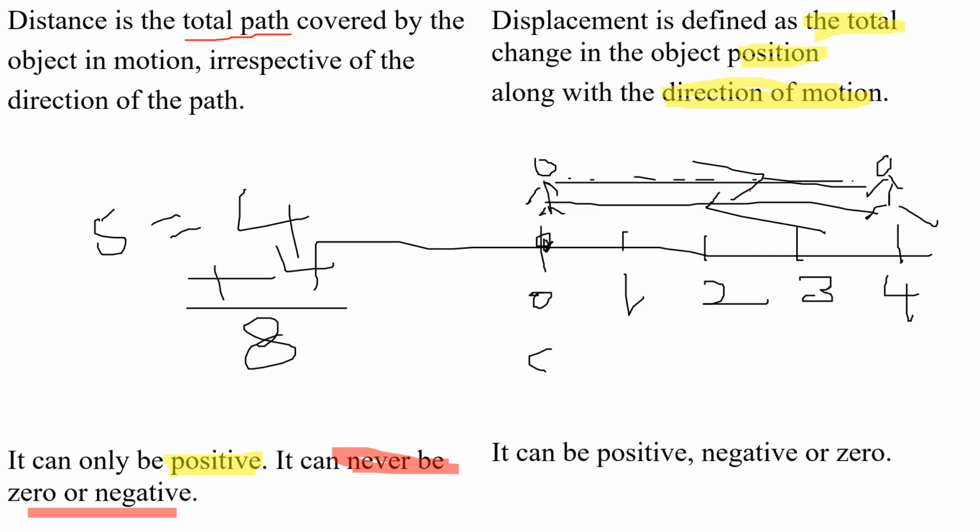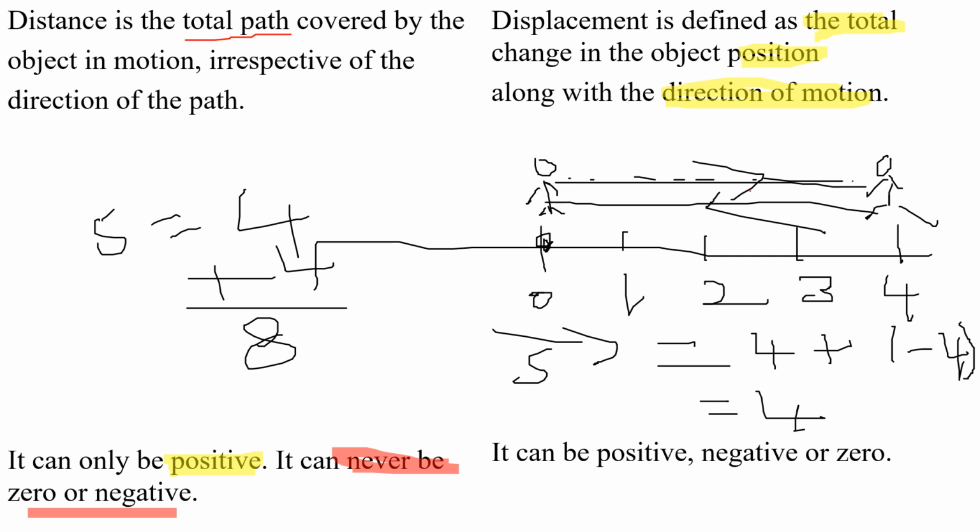But when we talk about the displacement, when we go from 0 to 4, we take plus 4, and when he moves in the opposite direction from 4 to 0, we take minus 4. We consider the direction here. So here 4 plus, when you multiply plus with minus it is minus, 4 minus 4 is equal to 0.